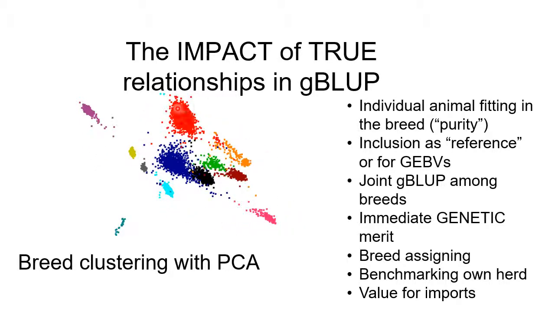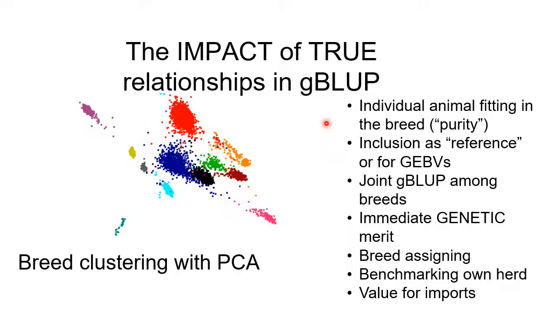Each of these dots represents an animal, and this is a three-dimensional plot, although we are only looking at the flat plane in two dimensions. So one would have been able to rotate this along an X, Y, and Z axis because it's three-dimensional, but you can clearly see how different breeds, these colors, cluster together, since they are more related to each other than related to animals of a different breed.